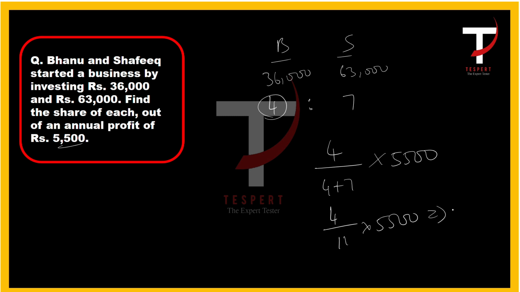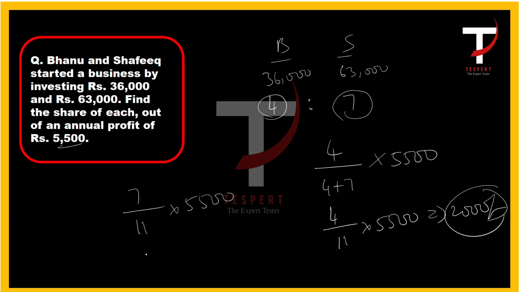This is the share of Banu. And consider the share of Shafiq. So 7 by total 4 plus 7, which is 11, into 5500, that is equal to 3500. So we can directly say if the share is 2000 for Banu, then 5500 minus 2000, which is 3500 for Shafiq.